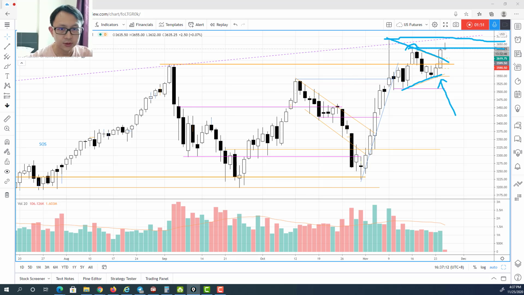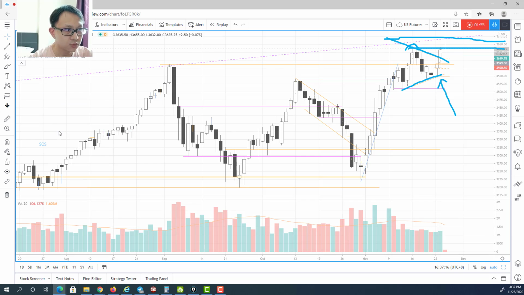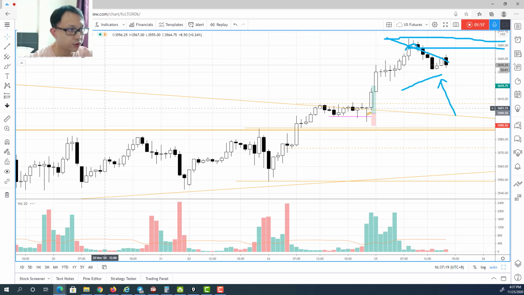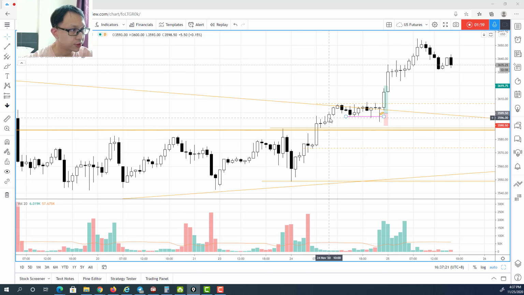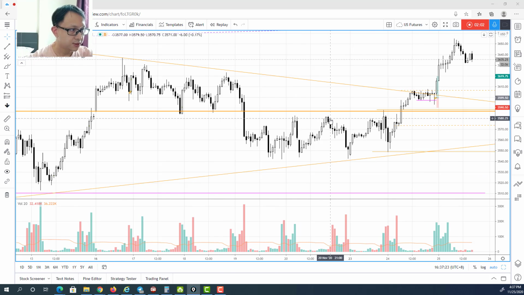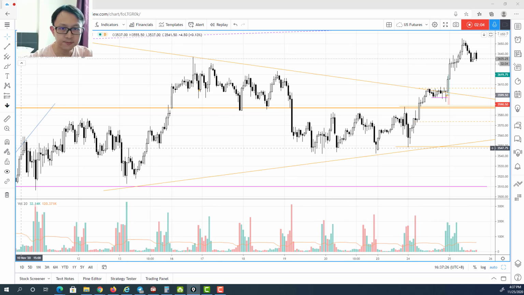All right, so let me get down to the hourly time frame and let's see what else we can extract from the hourly time frame for yesterday's session. So you can see that in the hourly time frame, just prior to the US opening right here, somewhere about 10:30 p.m. at my time zone, prior to that, during the Globex session, we entered into a very tight consolidation.